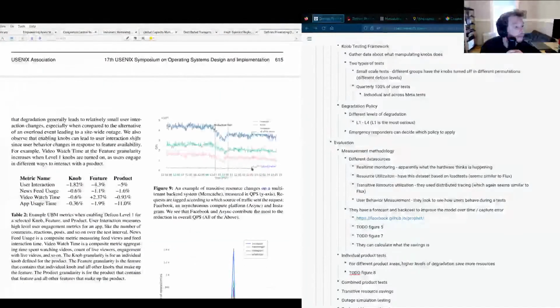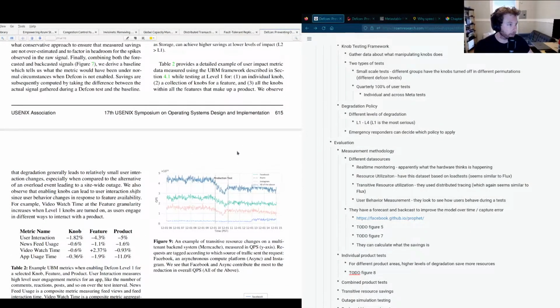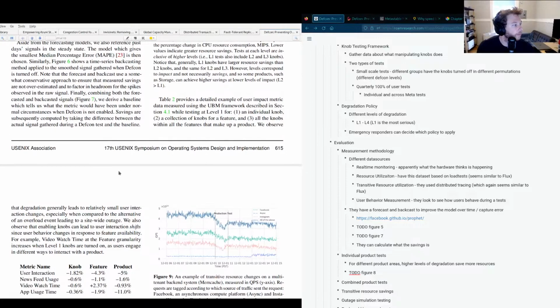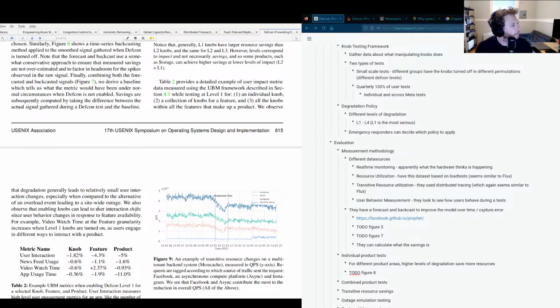Okay, let's look at table 2. All the knobs. Okay, so we observe the degradation generally leads to relatively small user interface interaction changes.